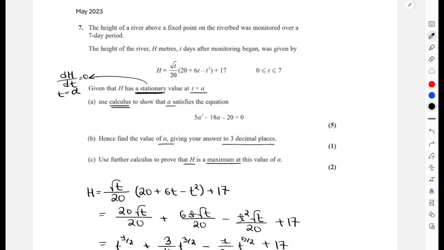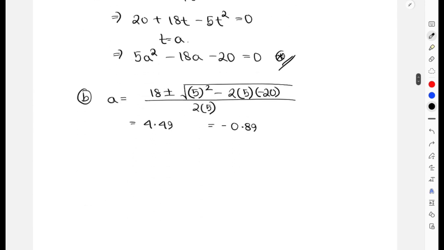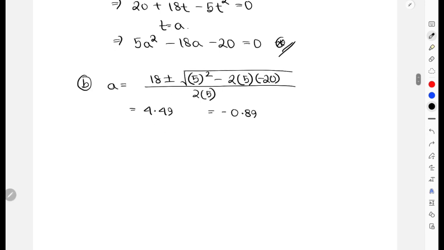The height of a river above a fixed point over a river bed was monitored over a 7-day period. a represents time, right? Time cannot be negative. So you're only accepting that 4.49 as a possible value for a. And using that, I will double differentiate the equation and then check if for this value the expression is positive or negative.